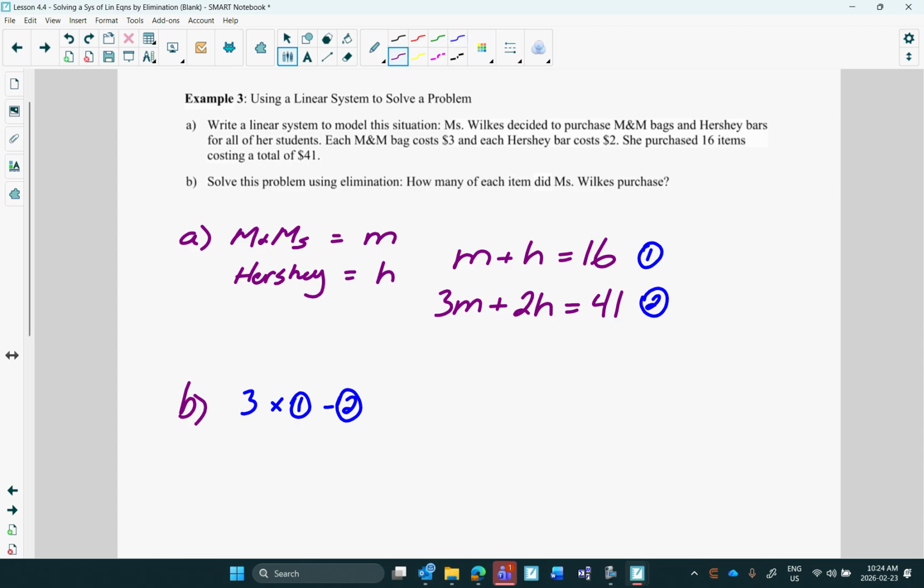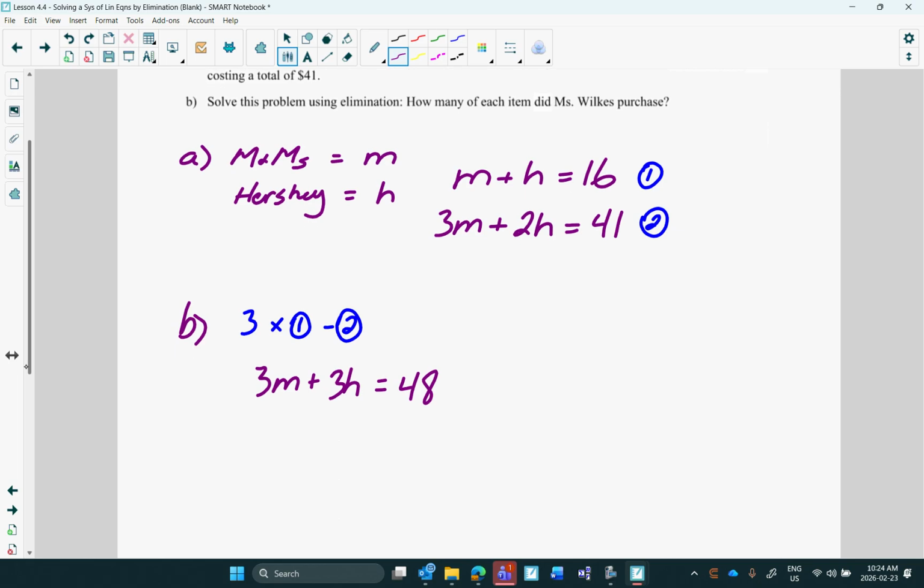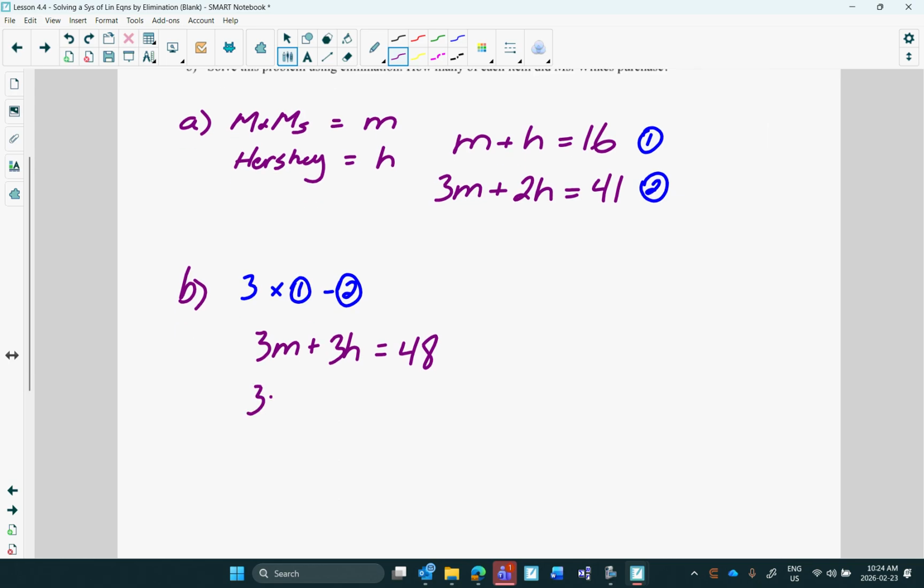So 3 times equation 1 is 3m plus 3h equals 48. Equation 2 I haven't touched. Subtract the 2, m's are gone.